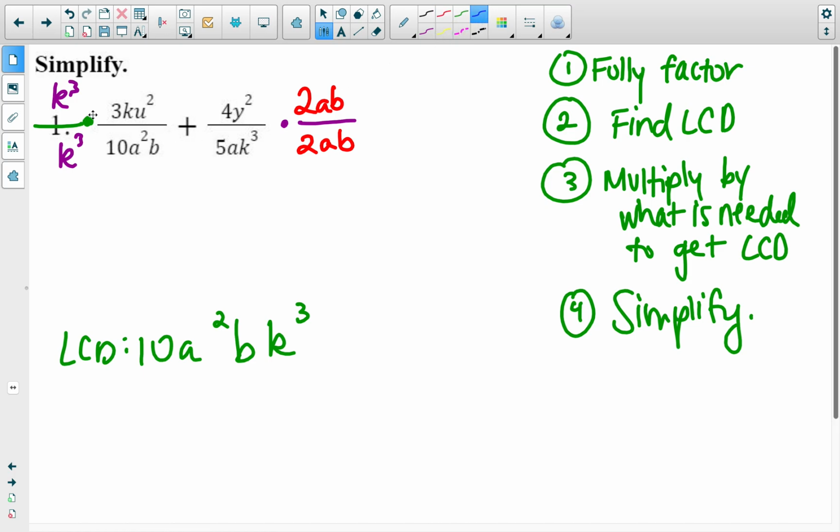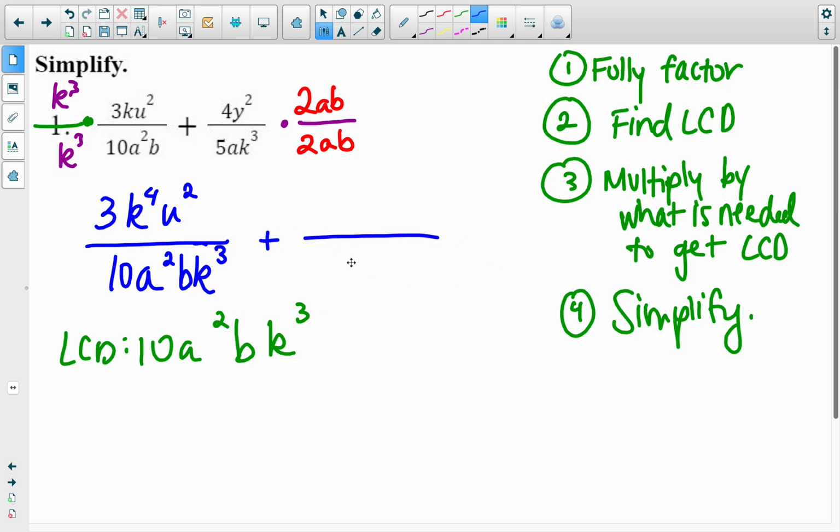Now let's perform that multiplication. 3ku squared times k to the third becomes 3k to the fourth u squared. And that's over our common denominator. And then 4y squared times 2ab becomes 8aby squared. And I'm writing my letters in alphabetical order. That's a common thing that mathematicians do. Okay, and we're over our common denominator.